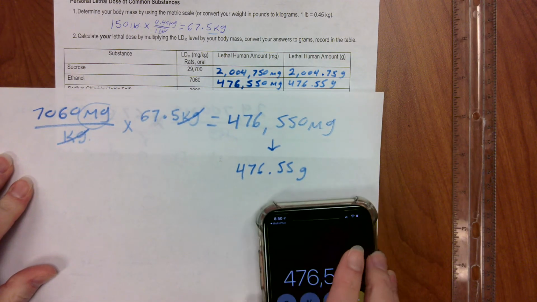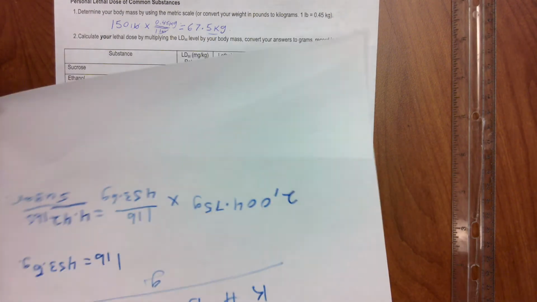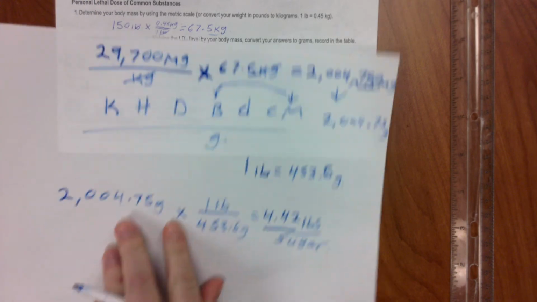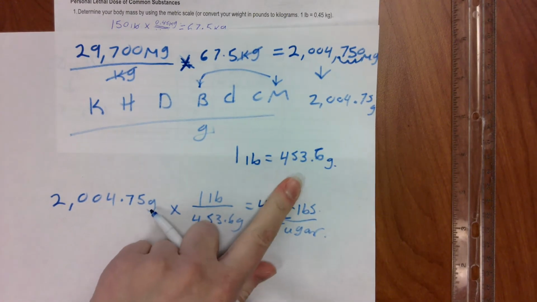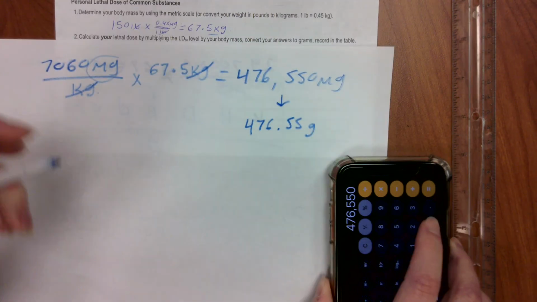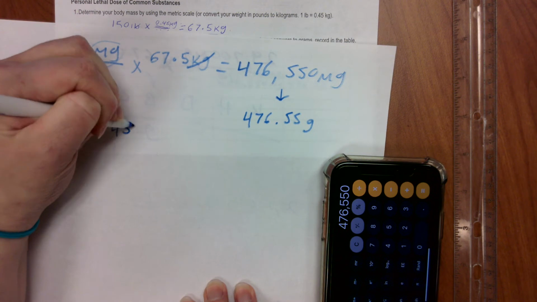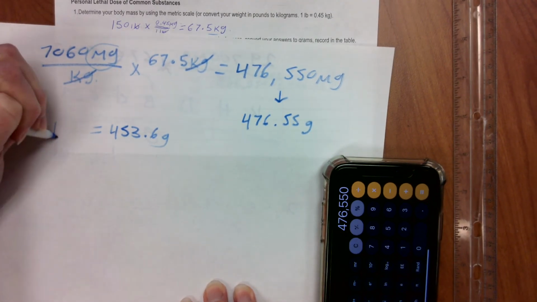And again, if you are curious what that is in pounds, you would just use your conversion that 1 pound is 453.6 grams.